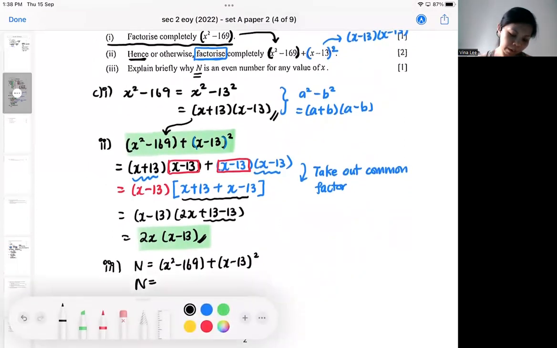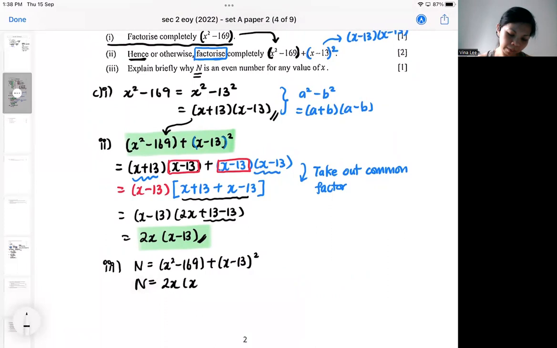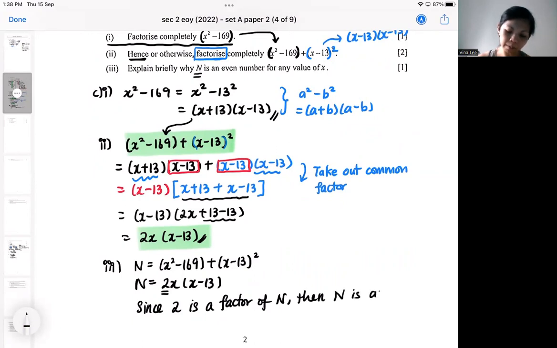So it will become like this, and there is a multiple of 2. Since 2 is a factor of n, then n is an even number. It's always an even number. That's how you explain.